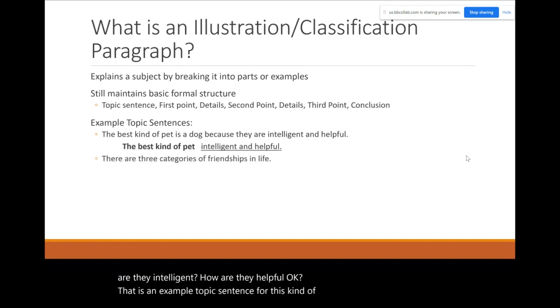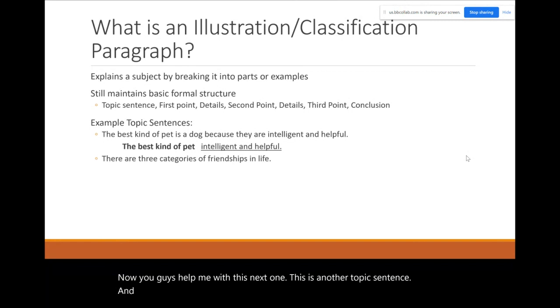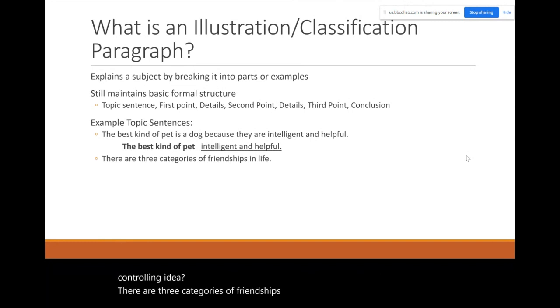Now you guys help me with this next one. This is another topic sentence, and it's just an example. Can you guys help me find the topic and the controlling idea? There are 3 categories of friendships in life.